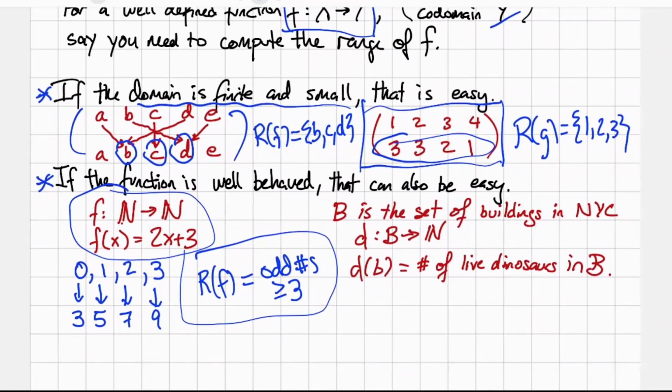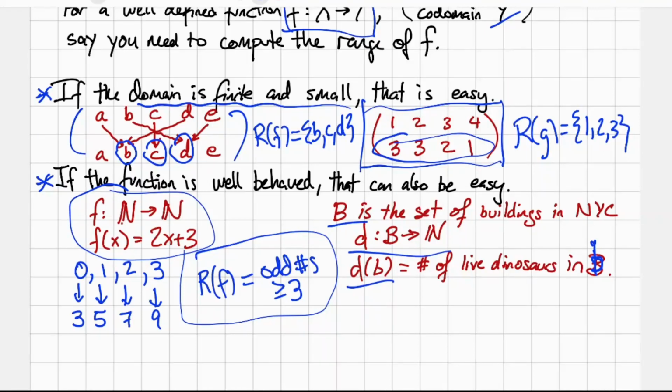Here's an even more silly example. Let B be the set of buildings in New York City, and we're going to define a function d from B into the natural numbers, where we define d of a building to be the number of live dinosaurs in, oops, this should be a lowercase b, in that building.